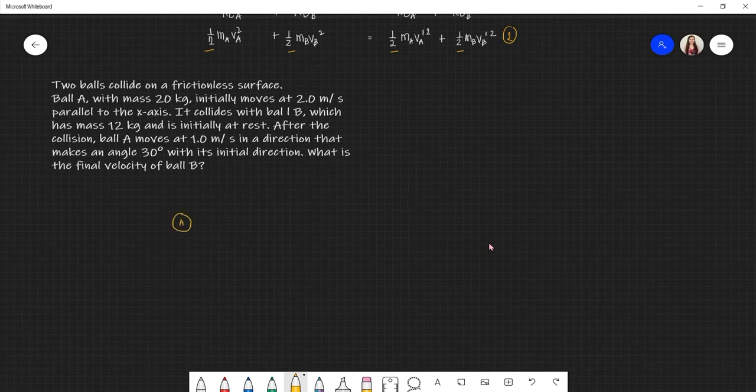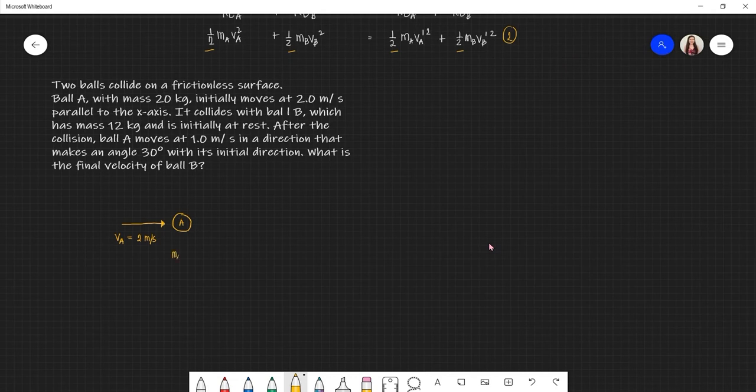We have ball A, which has a mass of 20 kilograms, moving at a speed of 2 meters per second parallel to the x-axis. So let's say, for example, it's moving towards the right. The velocity of A before the collision is 2 meters per second. So it's parallel to the x-axis, meaning it's horizontal.